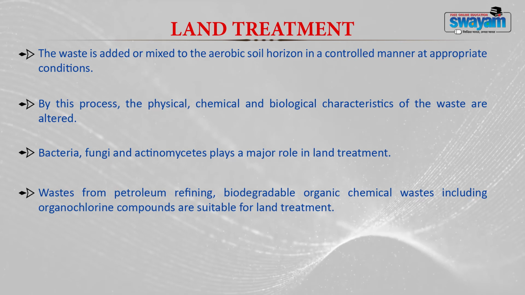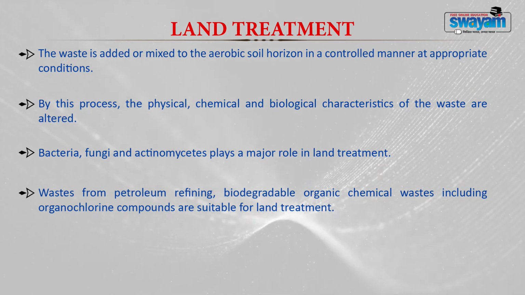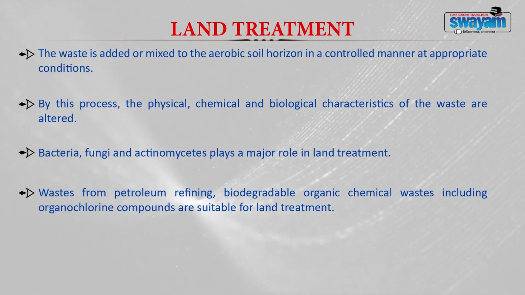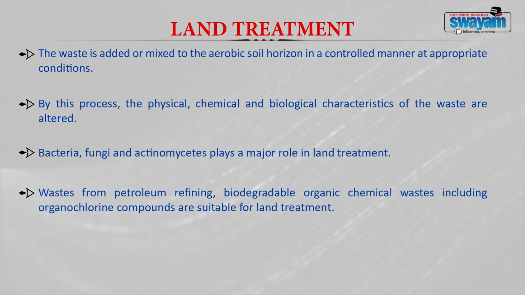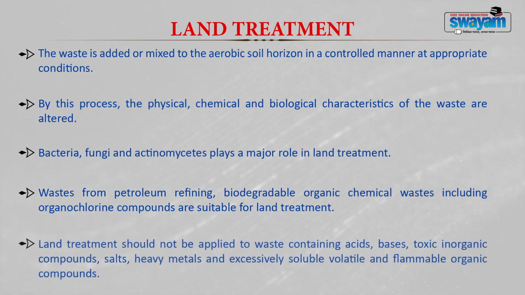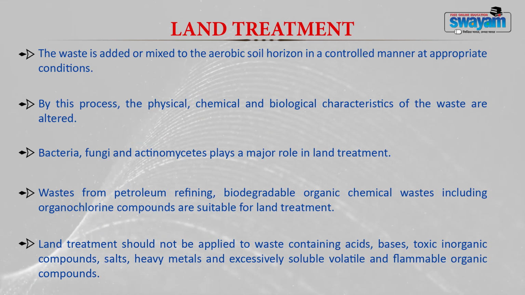Waste like petroleum refining waste and biodegradable organic chemical waste, including organochlorine compounds, is generally suitable for land treatment. Land treatment should not be applied to waste which contains acids, bases, toxic inorganic compounds, salts, heavy metals and excessively soluble, volatile and flammable organic compounds.